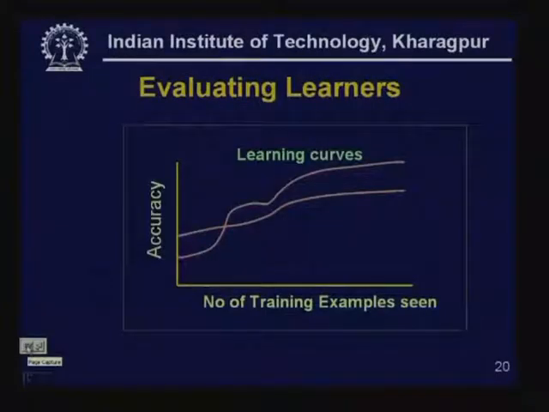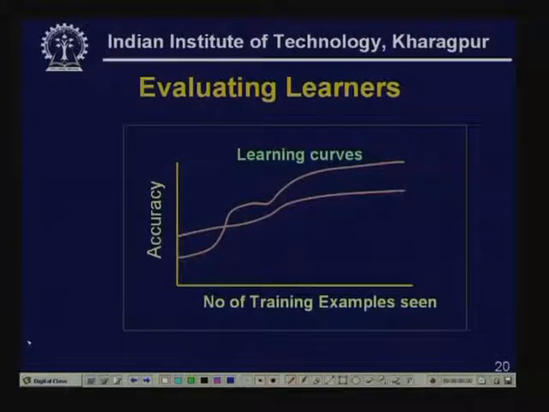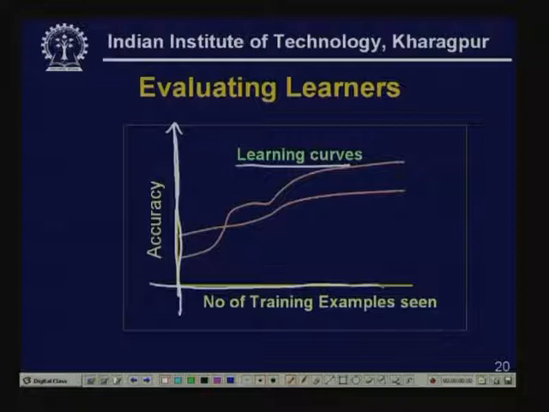Now, how do we evaluate a learner? Once we have a learning strategy, typically what we do is we draw a learning curve. In a learning curve, what we do is we plot the accuracy of the learner along the y axis, and along the x axis we plot the number of training examples seen.